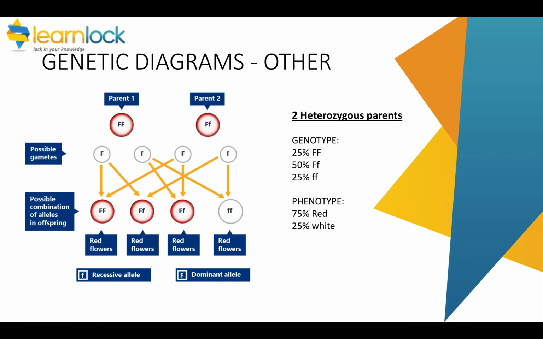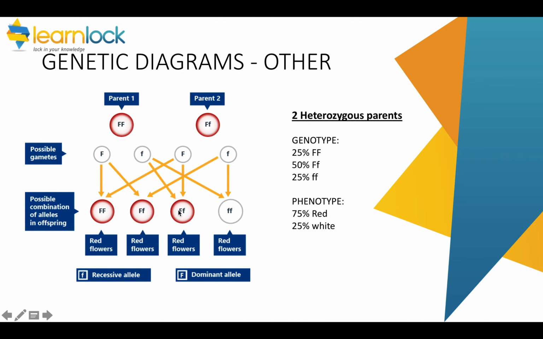Here's another genetic diagram to show this. This is with a plant as an example, and the large F is dominant and stands for red flower colour, and the little f is recessive. It stands for white flower colour. If both parents are heterozygous, you can see that the possible outcome is 2 large Fs, which means red flowers.